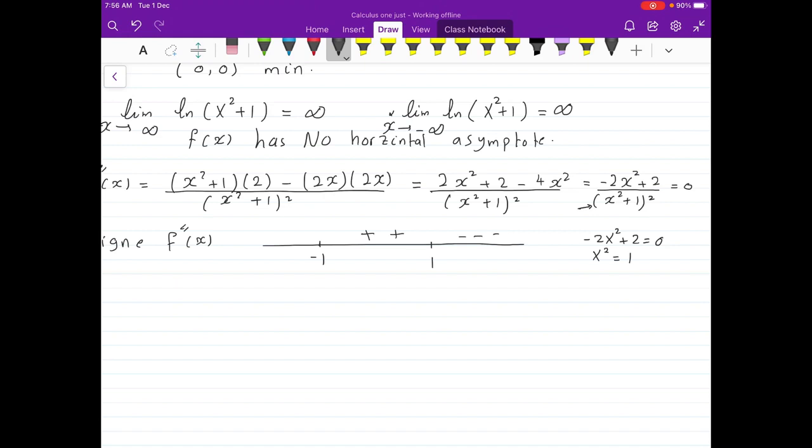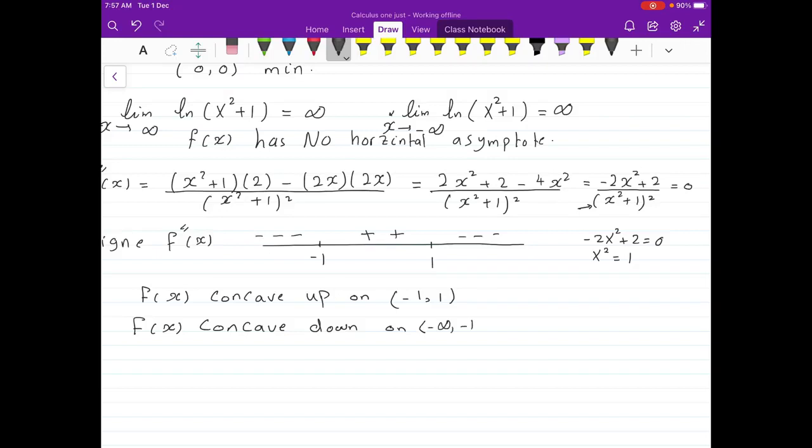If you choose 2, the sign is negative, and negative on the other side. So the function is concave up on the interval minus 1 to 1, and concave down on the interval minus infinity to minus 1 and on the interval 1 to infinity.